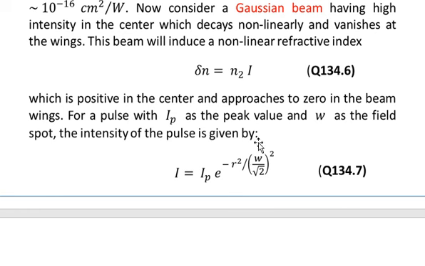If you want further details, you should consult my previous slides about Gaussian beams. Ip is the peak intensity in the center of the beam. When you set r equal to 0, you have I equal to Ip. So Ip is the peak value when r is equal to 0, that is, in the center of the Gaussian beam. So this is the Gaussian profile that we use on the Kerr cell to make it a Kerr lens.